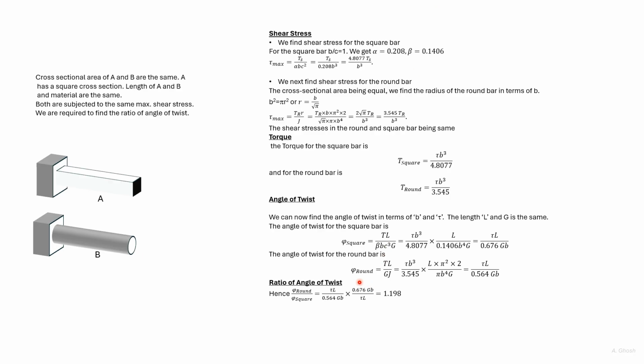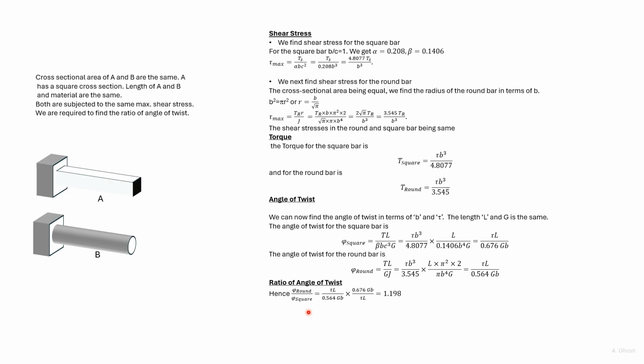The angle of twist of a round bar is given as TL by G into J. So again here we replace T in terms of tau and b that we obtained earlier, and J in terms of b that we again obtained earlier, and we get the angle of twist as tau L divided by 0.564 G b.